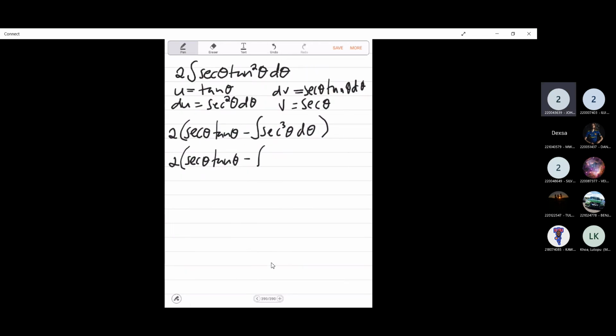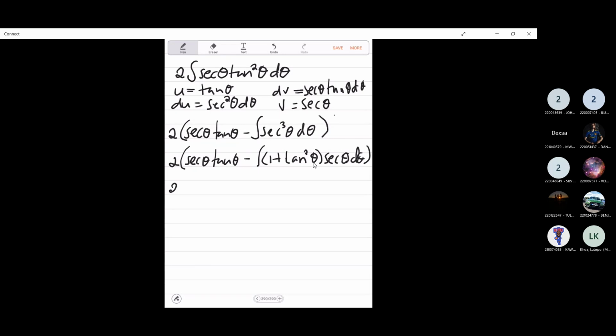So here again, our sec cubed theta, we must write it as sec squared theta times sec theta. So this is 1 plus tan squared theta times sec theta d theta. Then I multiply out and close the bracket there.